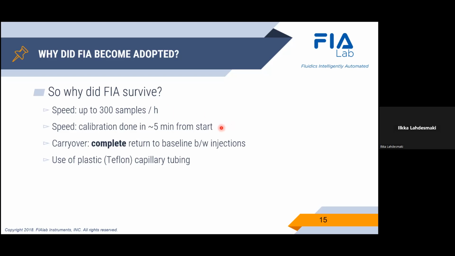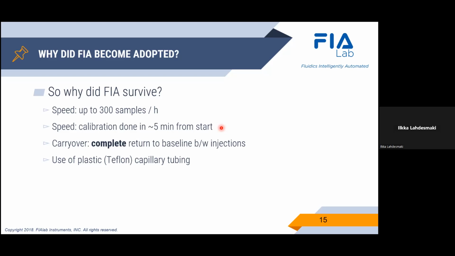There's another speed aspect where FIA provides an advantage as well, and that's calibration speed. Many times in FIA, you can get the calibration done within 5 minutes, maybe up to 10 minutes. And that's a tremendous benefit when an analyst wants to get the instrument running.